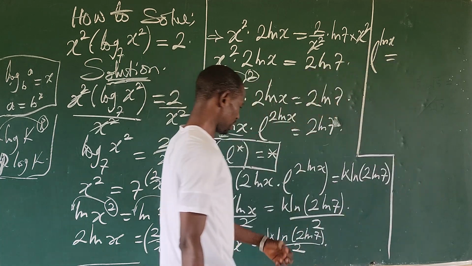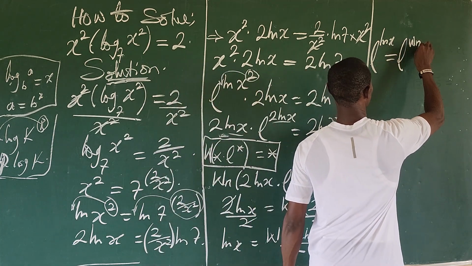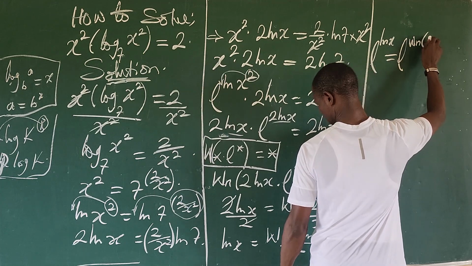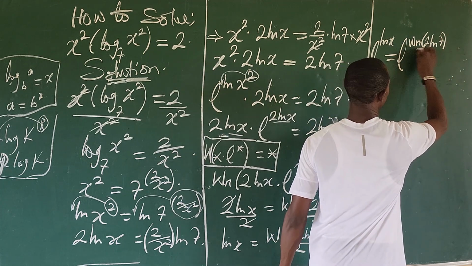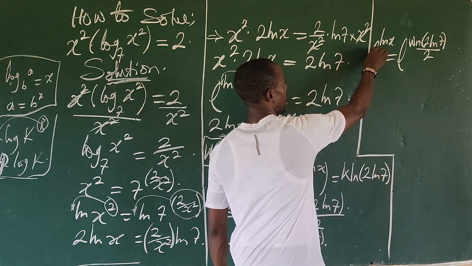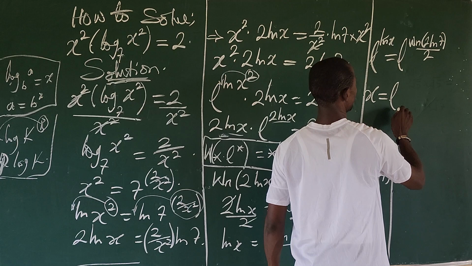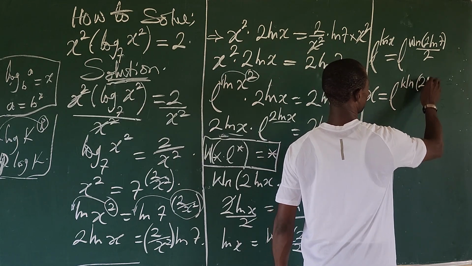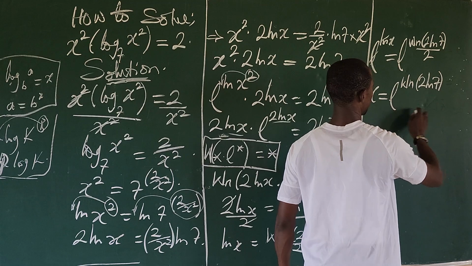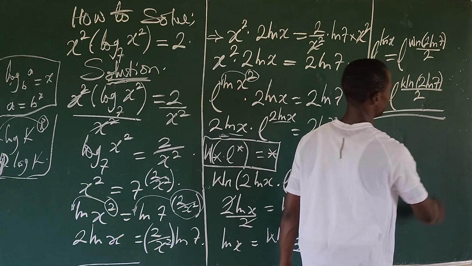We equally do that to this side of the equation, which is e to the power of the Lambert W function of 2 ln of 7, close bracket, all over 2. Again, this leaves x equal to e to the power of the Lambert W function of 2 ln of 7, close bracket, all over 2. So this is the value of x.